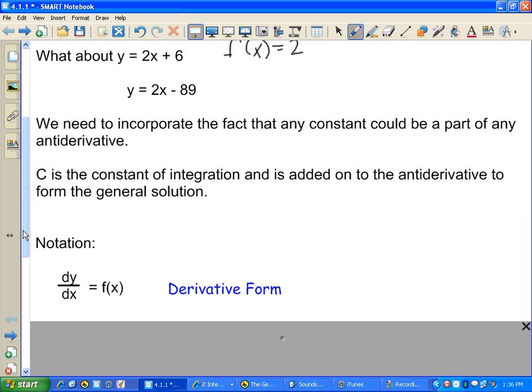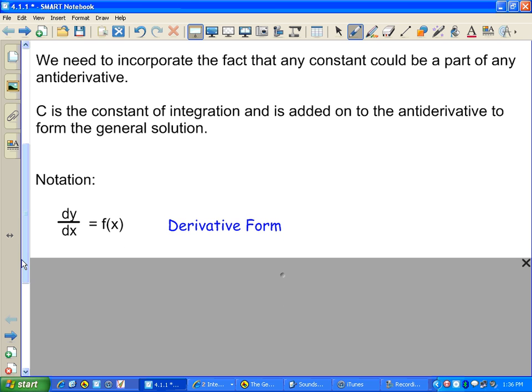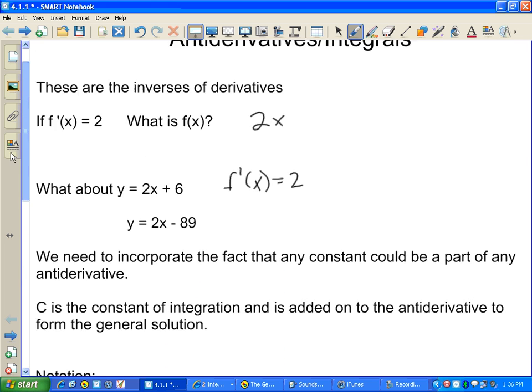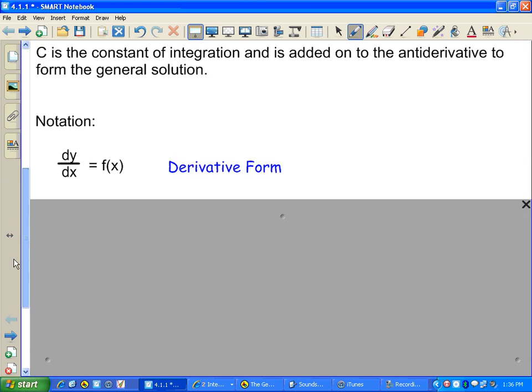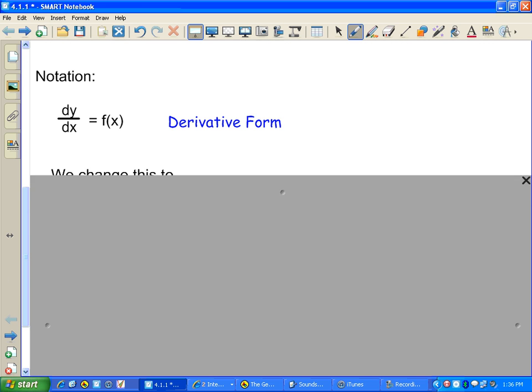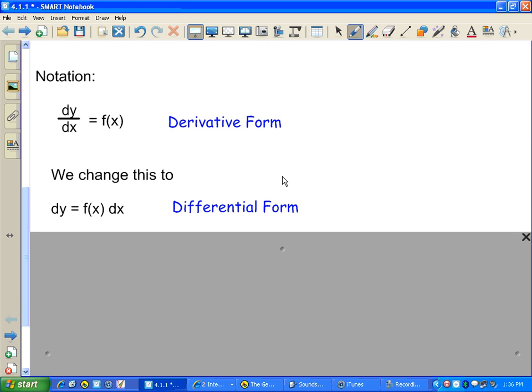So we've got some notation differences here. Usually we had this, which is derivative form: dy dx. So if the derivative equals some function, because now we're not going to have it be f prime, it's going to equal some function, we're going to change this into differential form. When we get into integrals, it's important that we have this dx in there.